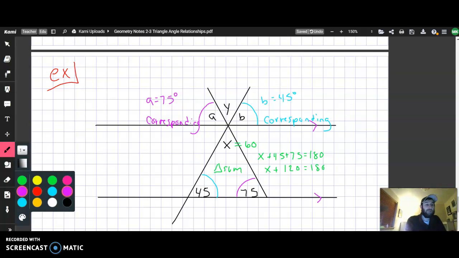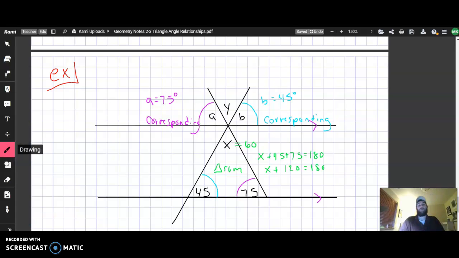The good news is our very last angle relationship here is vertical angles. We know that x and y are directly across from each other by two crossing lines. We're ignoring the other parallel line. We're only looking at the two crossing lines that come from our triangles.